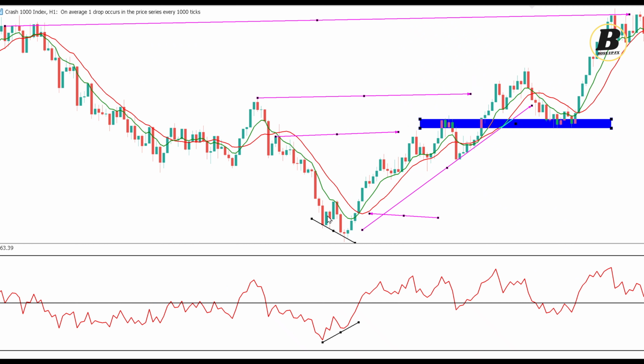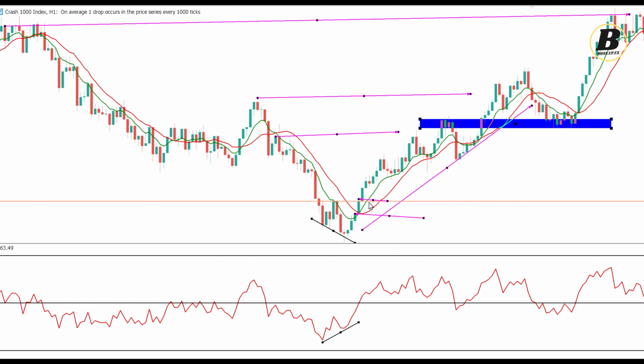Going back to what I said before, first signal, you see a divergence. Second signal, you wait for the moving averages to cross each other, like what happened here. Right after that, you make your entry. So your entry should be at this candle.